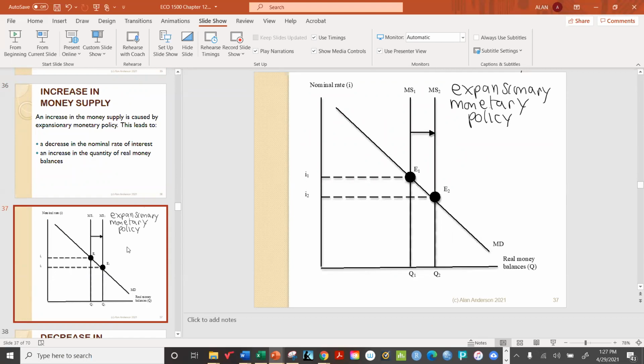And where it intersects with the original money demand curve, we can see that rates are lower and the quantity of money being held is higher. And that's what they're after, of course. When the Fed engages in expansionary monetary policy, the whole point of it is to lower interest rates to stimulate the economy.